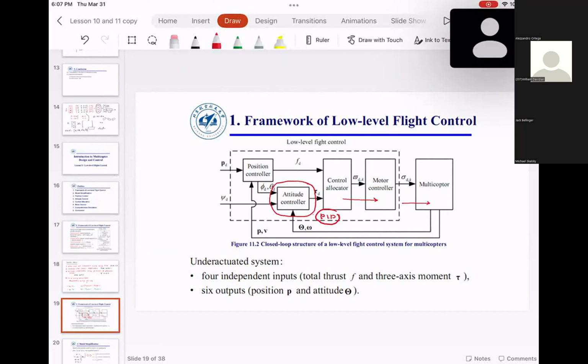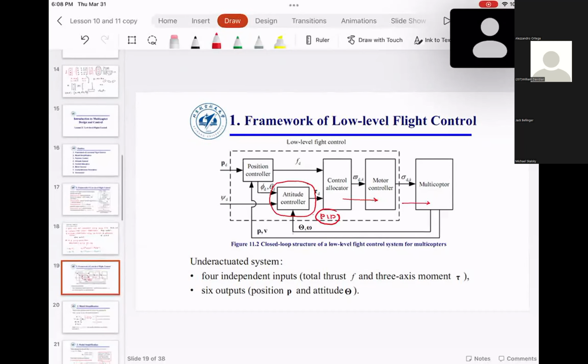And please understand, a multicopter is an under-actuated system. There are 6 states, but we only have control over 4 rotor speeds. So we are going to use that to control the overall behavior of the Mambo.